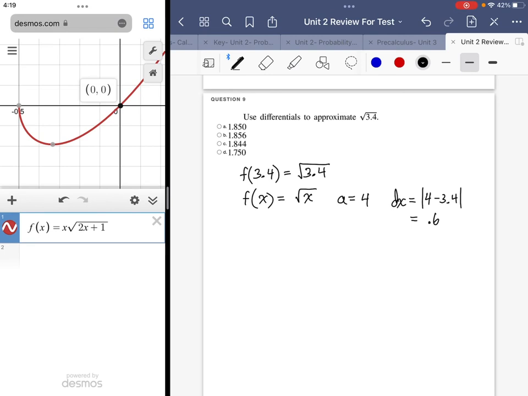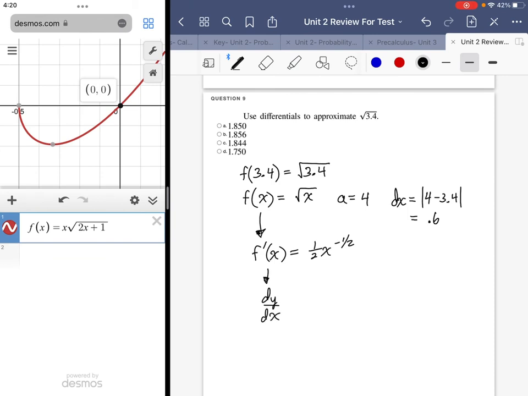All right, so if we're going to approximate, what we're going to do is find the derivative, f prime of x is equal to 1/2 x to the negative 1/2. Now, that's where things get a little weird, because I have a dx here and I don't see a dx over here. But this could be thought of as dy over dx.